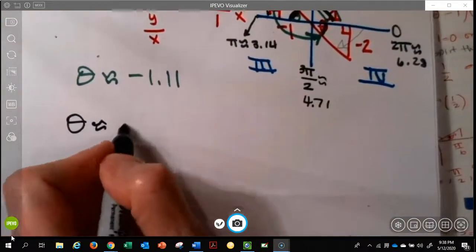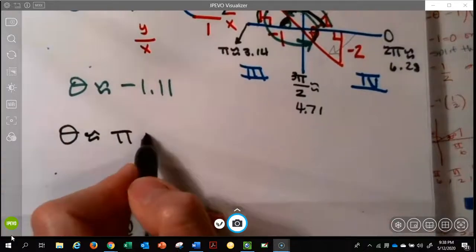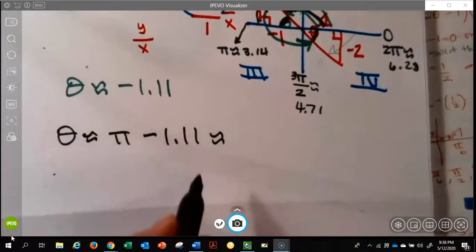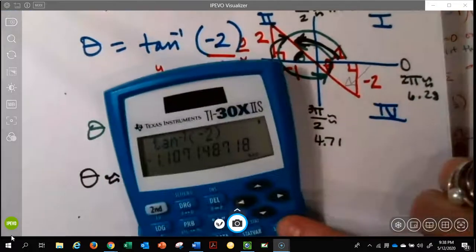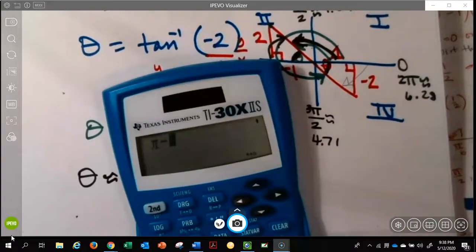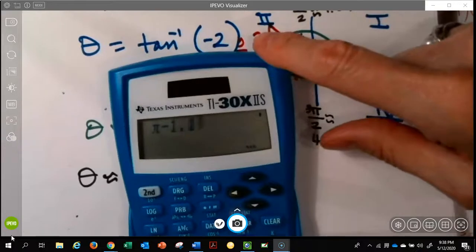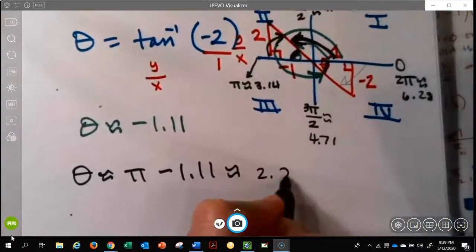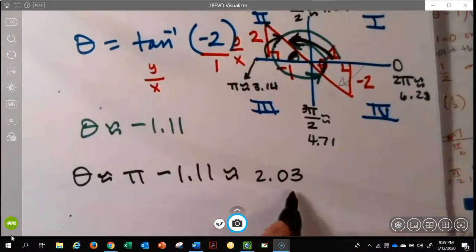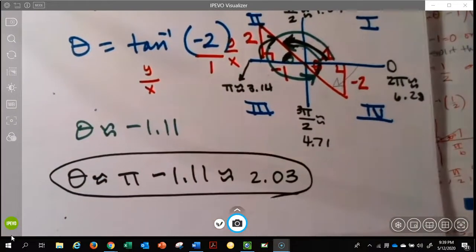So for one of my answers, I'm going to take 1 pi and back off my 1.11, and that'll get me this angle that I need. So here we go with pi minus 1.11 equals, and we get about 2.03. That is between 0 and 2 pi. Folks, we have a winner.